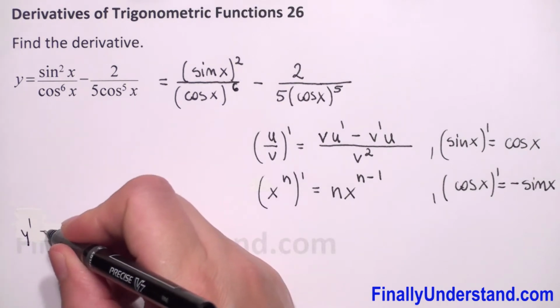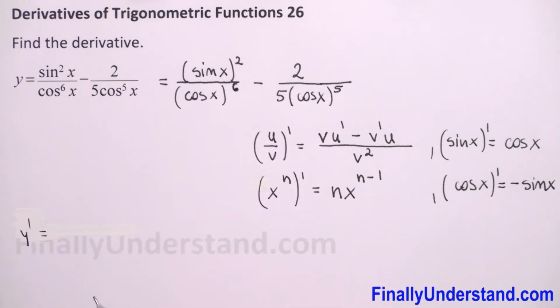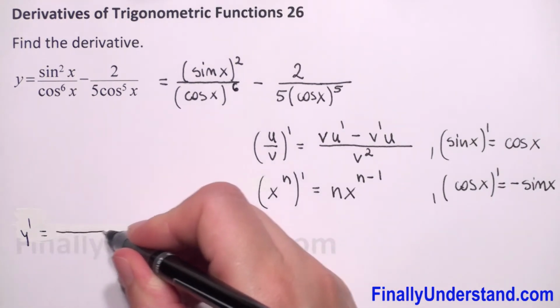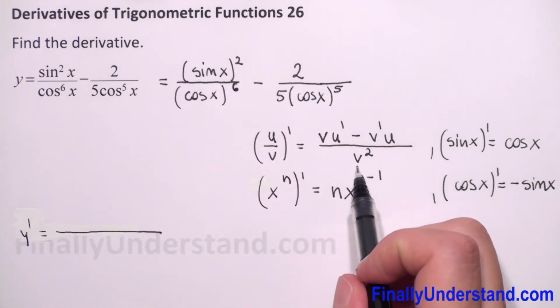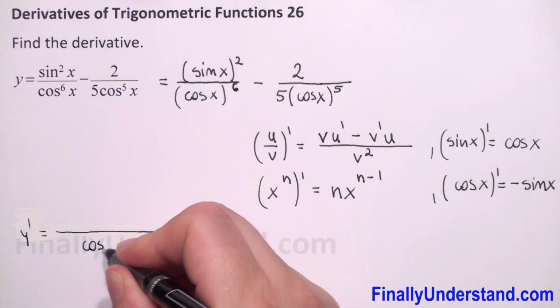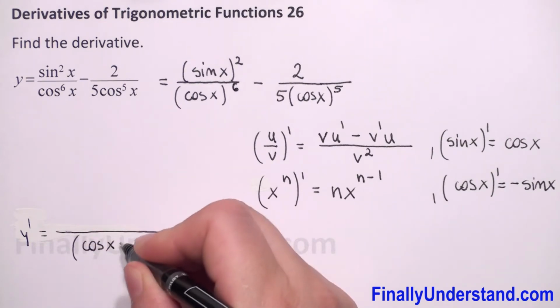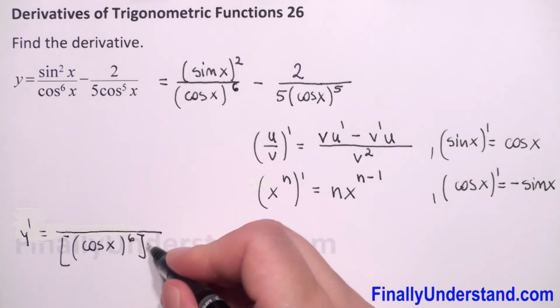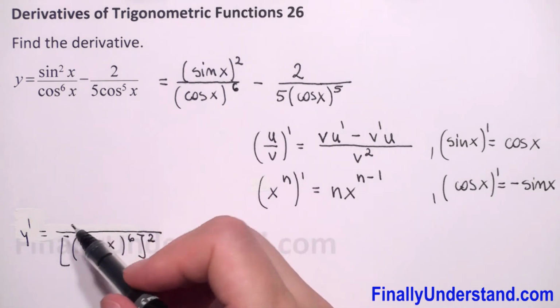Y prime is equal, we have to use the quotient rule. So the denominator is v squared, it means we have cosine of x to power 6 and everything to power 2.